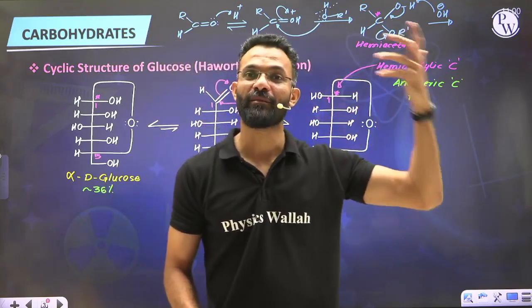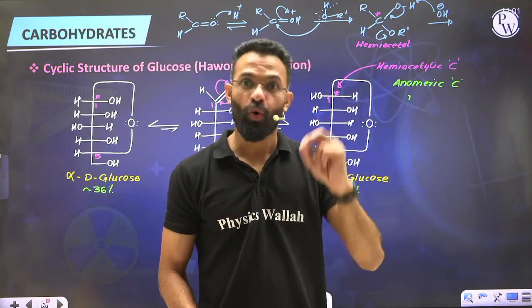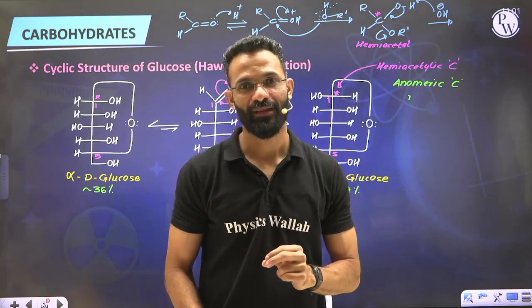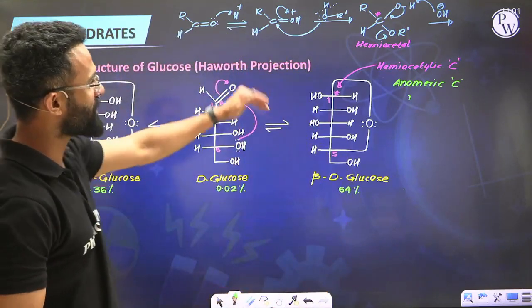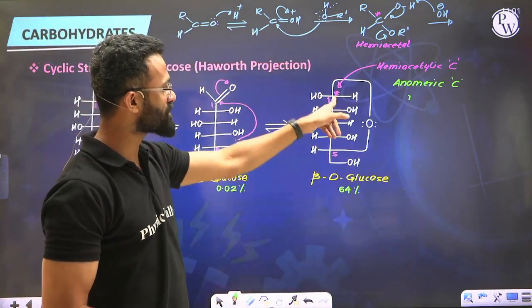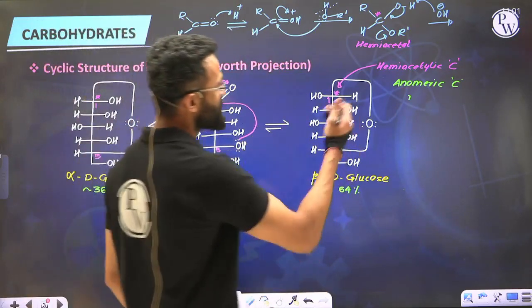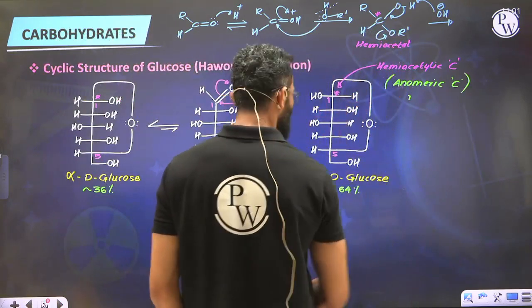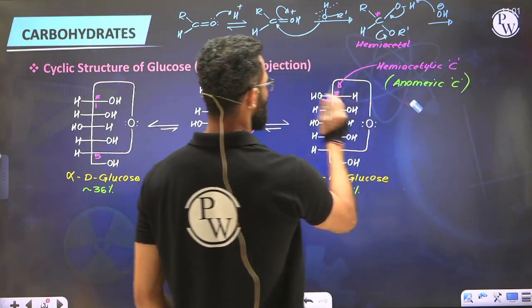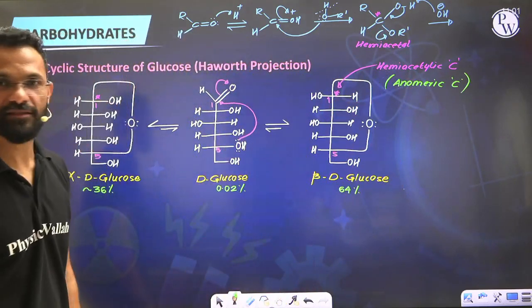Anomers are the ones which differ only at the anomeric carbon. So alpha D-glucose and beta D-glucose are referred to as anomers of each other because they differ in their configuration at the anomeric carbon. Because the configuration differs at the anomeric carbon, we refer to them as anomers.